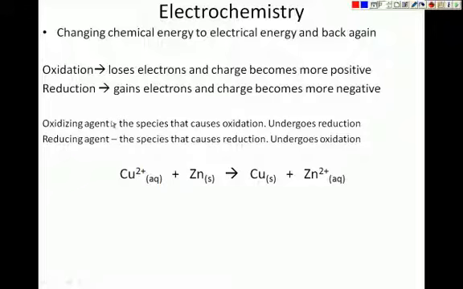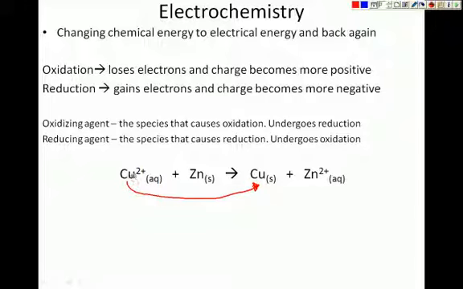So what we have here is an equation of Cu2+ added to zinc solid, and it makes Cu solid and Zn2+. So what we see here is this process right here of going from Cu2+ to Cu solid.